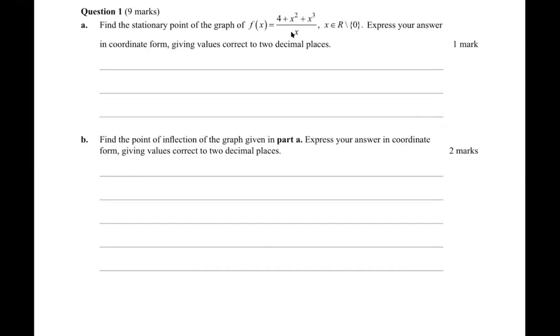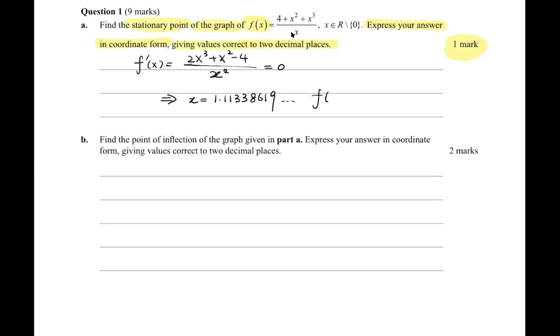We want to find any stationary point of the graph of f. Express my answer in coordinate form giving values correct to 2 decimal places. Okay, only 1 mark question. So I will be writing down f dash of x from my CAS calculator. And the only solution, I guess, is x equals 1.11338619, okay?